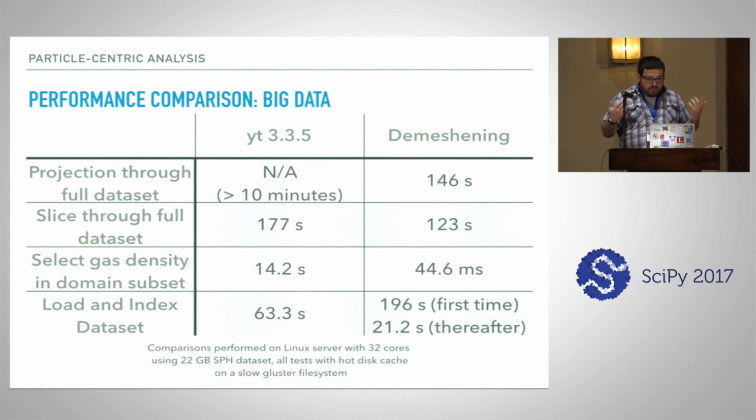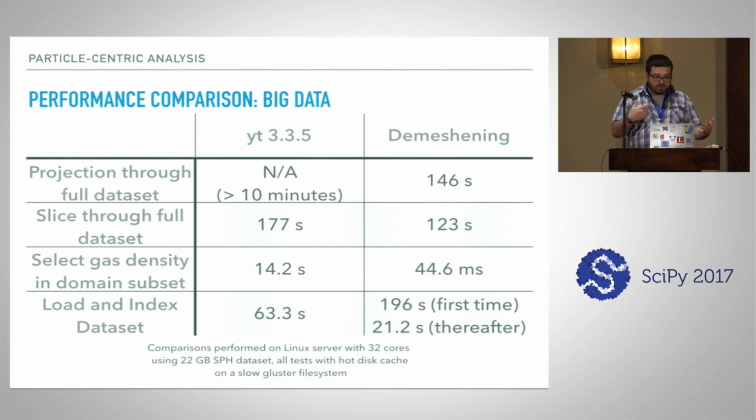And also, it's now possible to do more things with much bigger data sets. So similar comparison, but now we're doing operations on a 22 gigabyte data set, a much, much bigger data set. The current version of YT can't even do these visualizations because it's too slow.